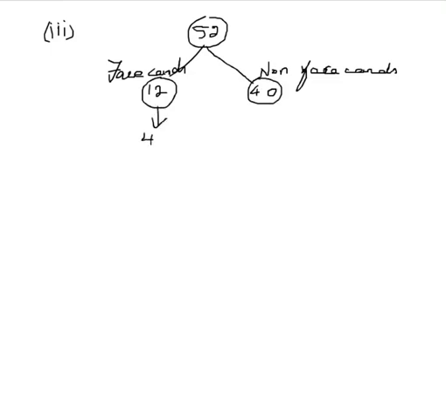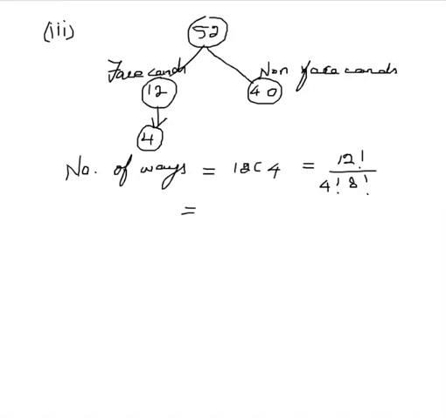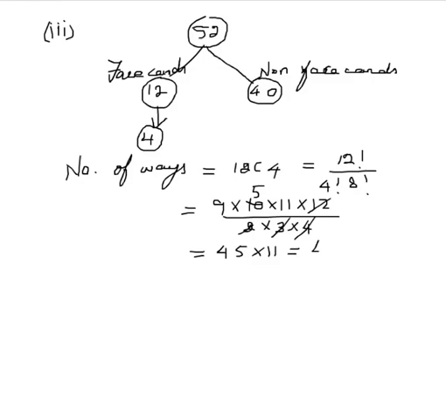We have to select 4 face cards. Therefore, number of ways is equal to 12C4, which is 12 factorial divided by 4 factorial times 8 factorial. 45 times 11, which is 495.